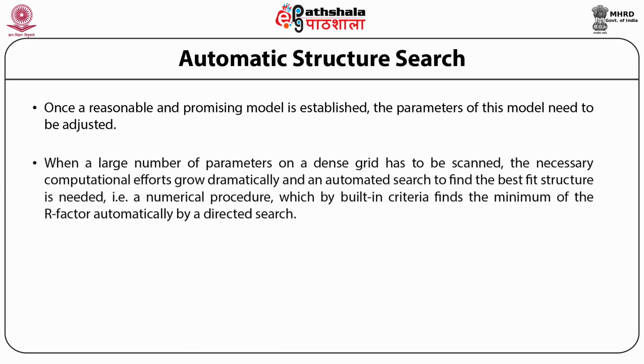When a large number of parameters on a dense grid has to be scanned, the necessary computational efforts grow dramatically, and an automated search to find the best fit structure is needed. This means a numerical procedure which, by built-in criteria, finds the minimum of the R factor automatically by a directed search.